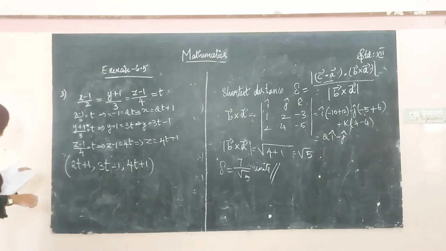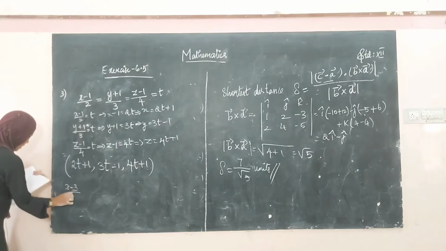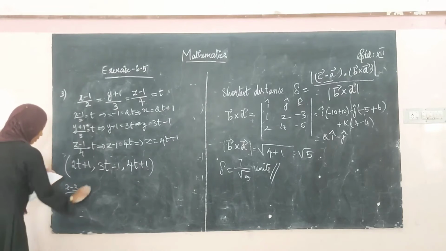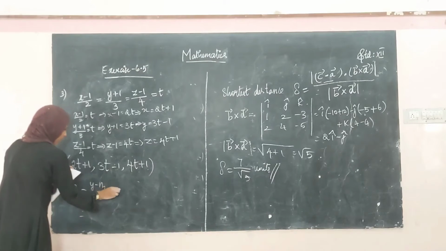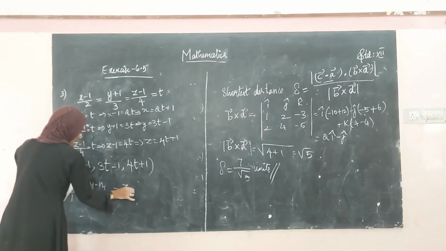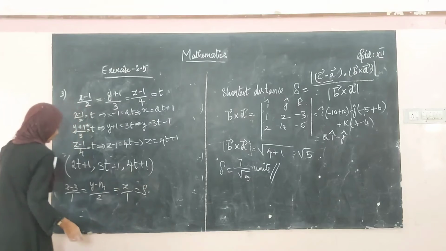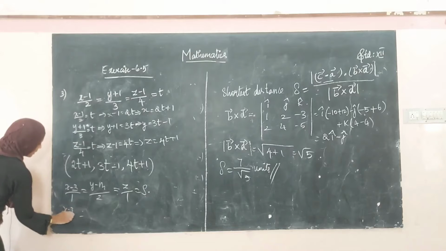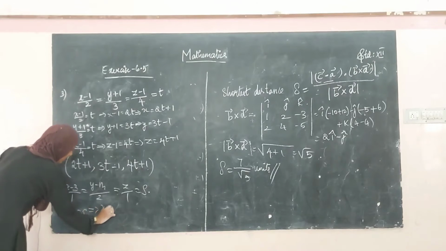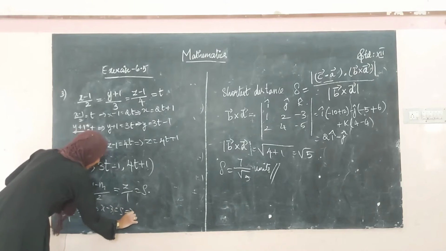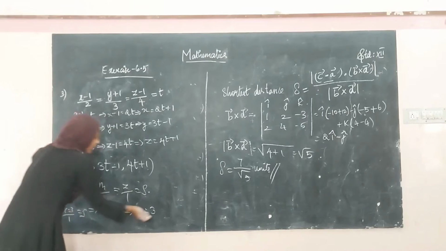Okay, see the other equation. What is the other equation given there? (x minus 3) divided by 1 equal to (y minus m) divided by 2 equal to z divided by 1 is equal to s. Okay, equate this. (x minus 3) divided by 1 is equal to s means x minus 3 equal to s, so x is equal to s plus 3.